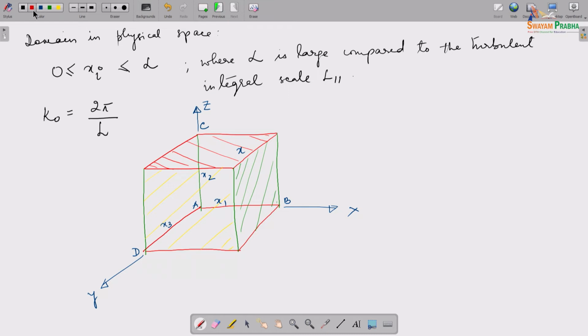So that is x3, this is x2 and this is x1, and these x1, x2, x3 are much less than this L. So this is the domain that I am looking at.